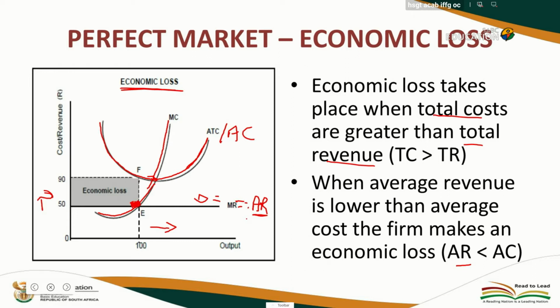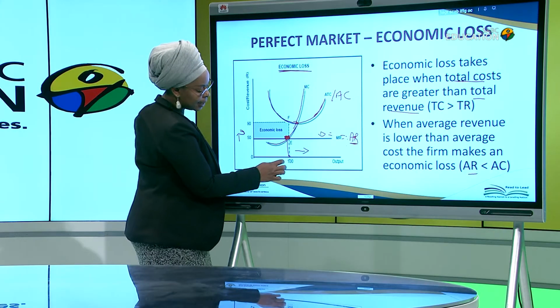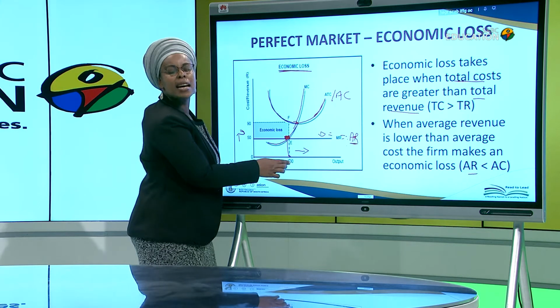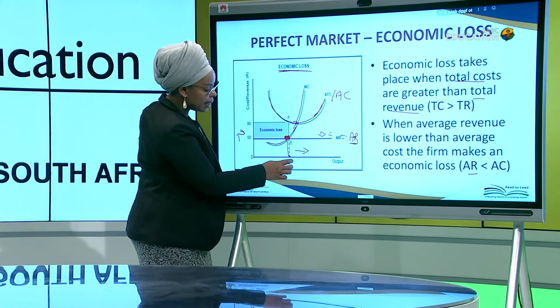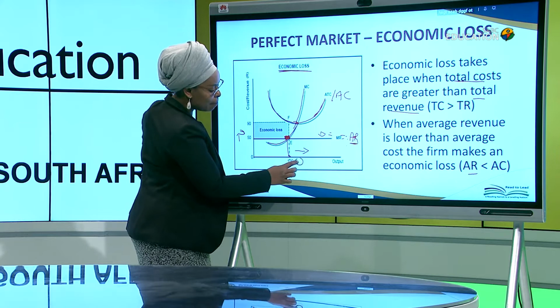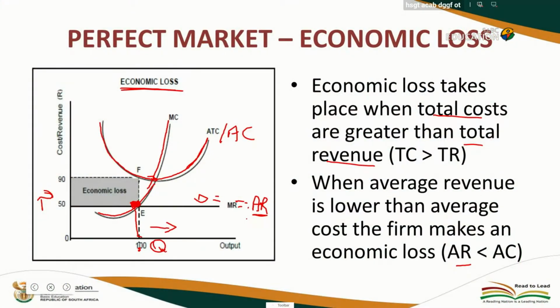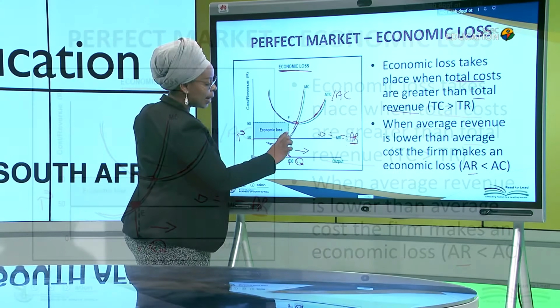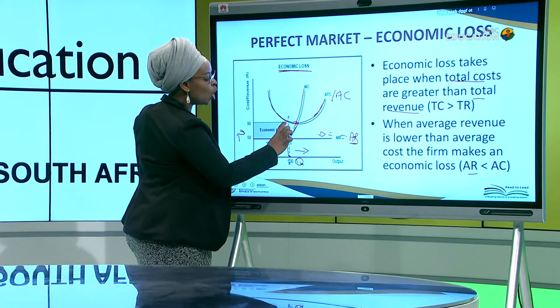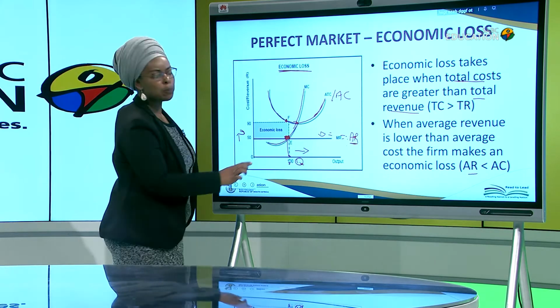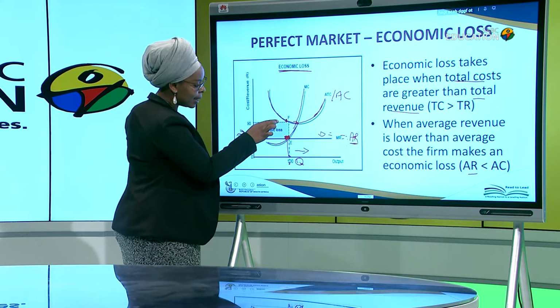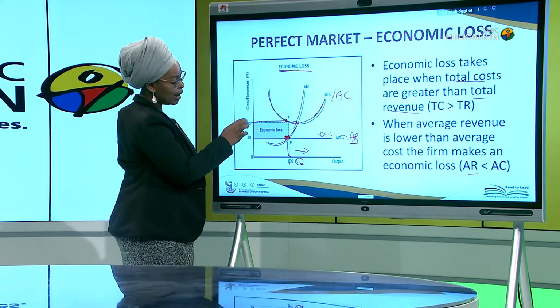You draw from the equilibrium point down until you touch your horizontal axis and determine your output. In this case, it will be 100, but you can label it Q if you like. Okay, then you go upward again from the loss minimization point up until you touch your AC curve at point F, and you go backward until you touch your vertical axis.